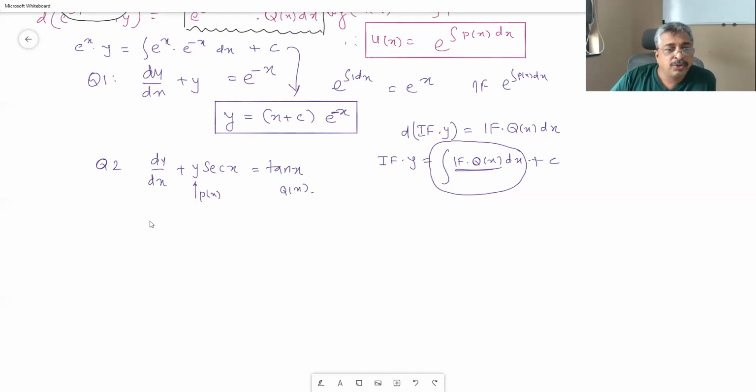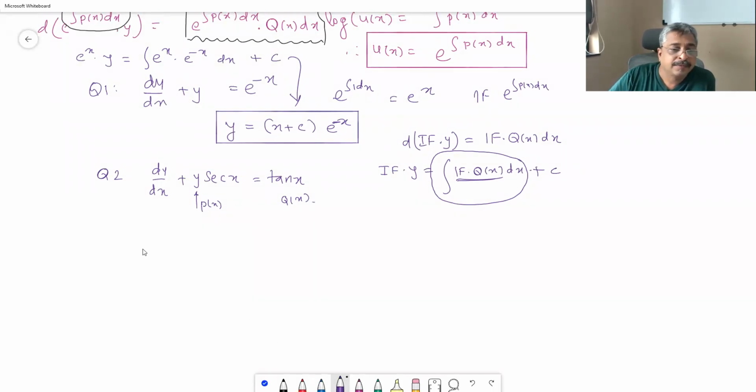Let me write down the solution of this. Integrating factor is e raised to integral sec x dx, which is equal to e raised to log of sec x plus tan x, which is equal to sec x plus tan x.